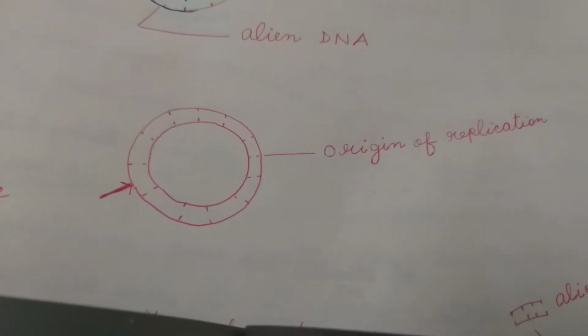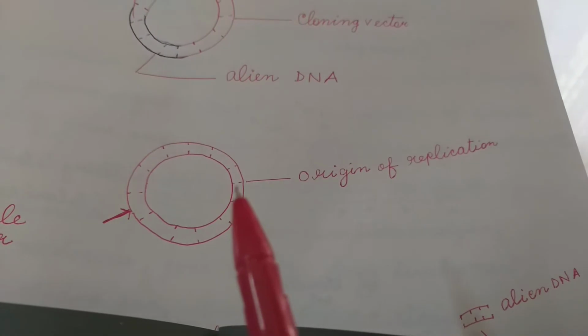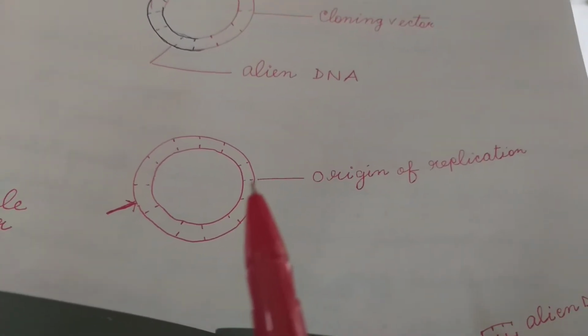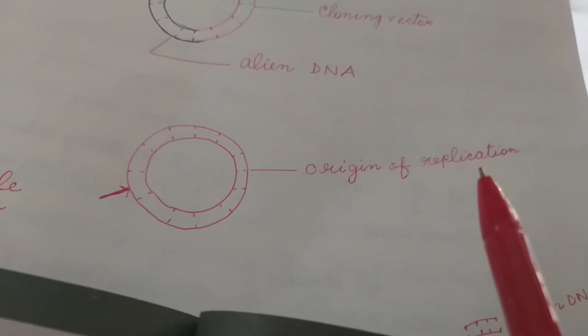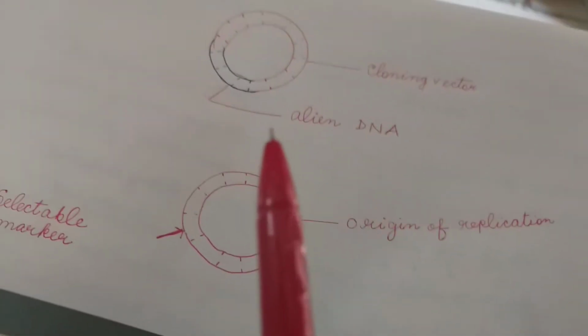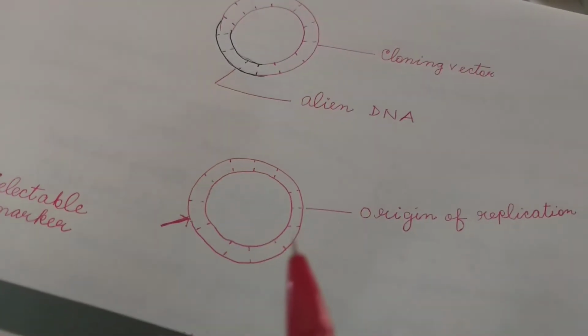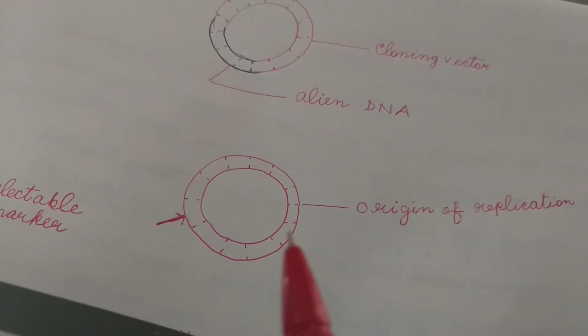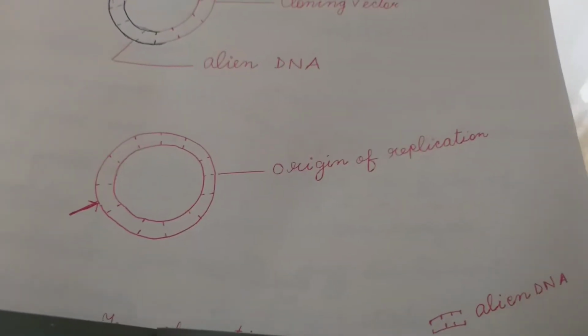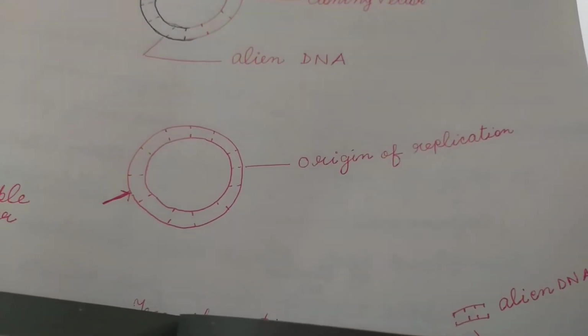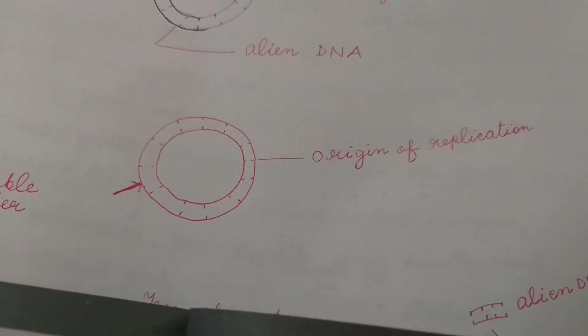First of all, the cloning vector must have a specific region which is called origin of replication. And the alien DNA must be linked at the origin of replication. Origin of replication plays a very important role. It serves two functions.